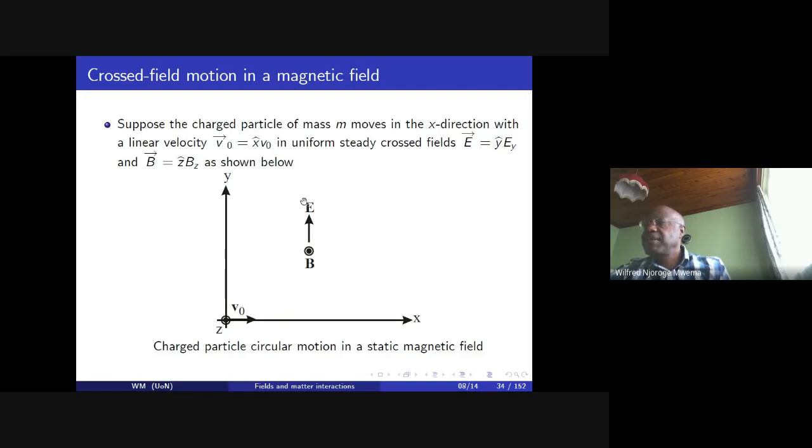That is, we have an E field and a B field in the same space, an electromagnetic field, where B is pointing in the z direction and E is pointing in the y direction. This particle is moving in the x direction with an initial linear velocity of v0. So how will this particle move, or how will it behave in this region of the field?